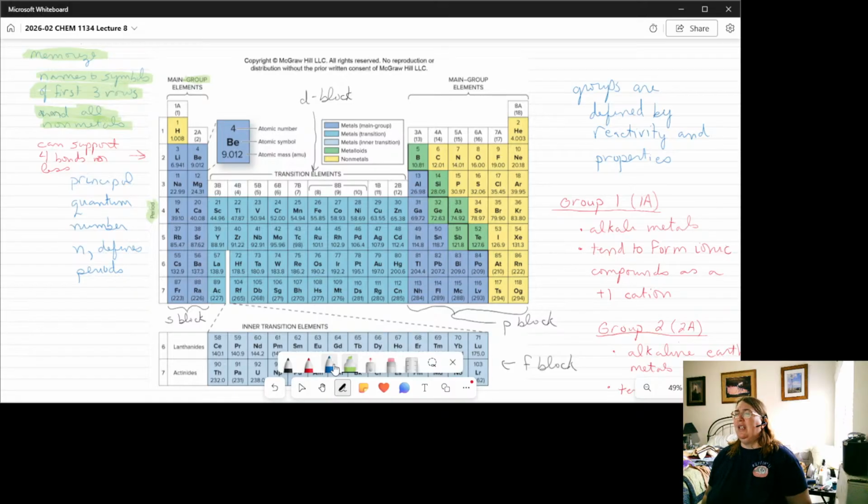And the truth is even for the nonmetals, we kind of end our memorization right here. The reason is you'll notice the other ones have their masses in parentheses, and that's because they're radioactive, and as such, we tend not to work with them in the lab or handle them that frequently.